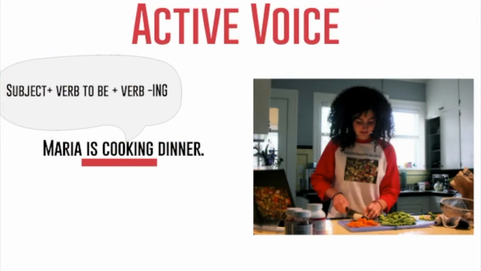Here we have an example about an action that is performed at the moment of speaking. Maria is cooking dinner. So remember that the structure is subject, verb to be, and verb ing.